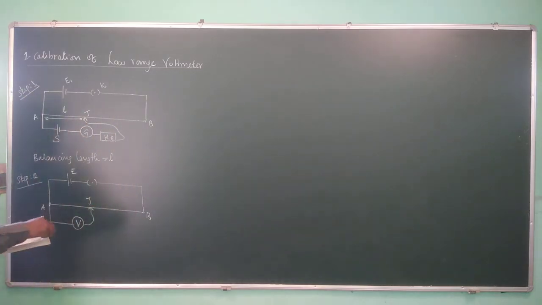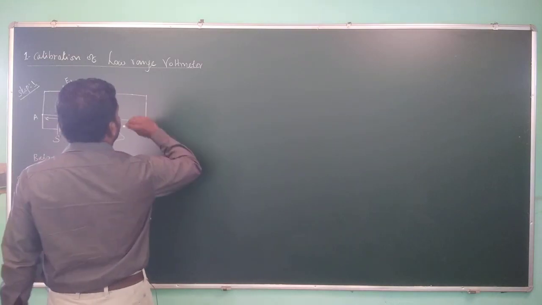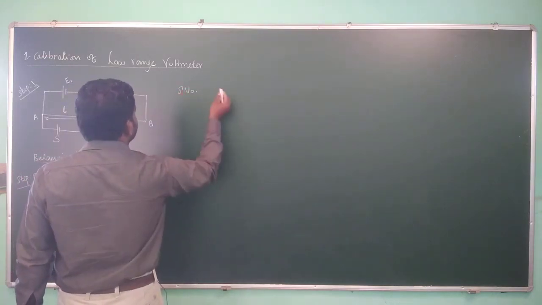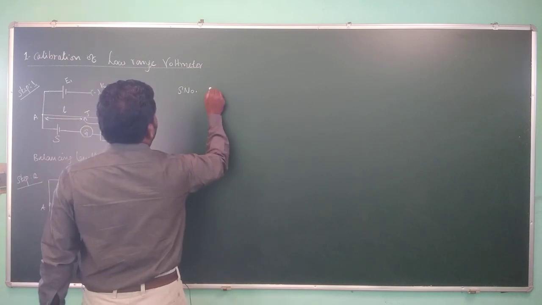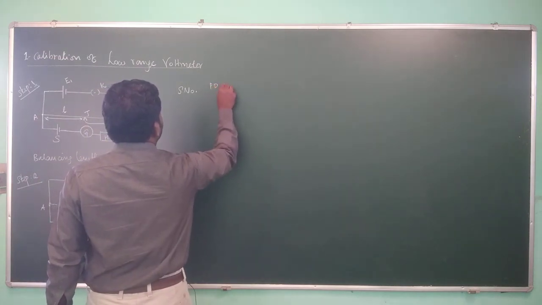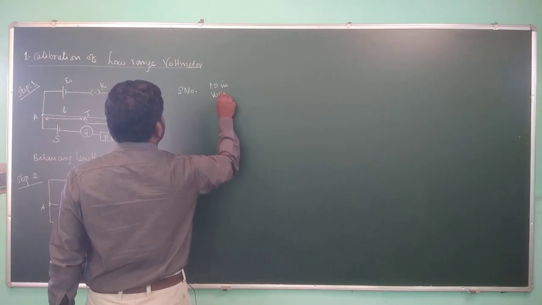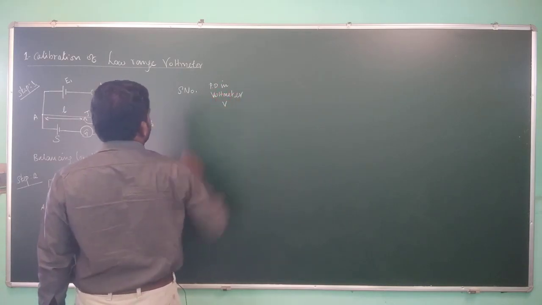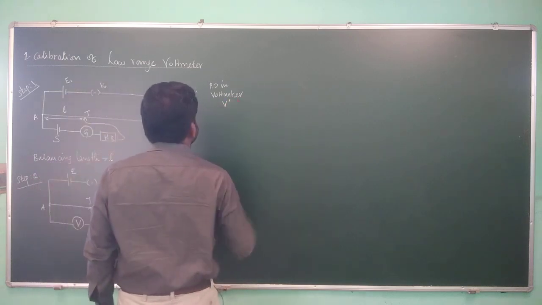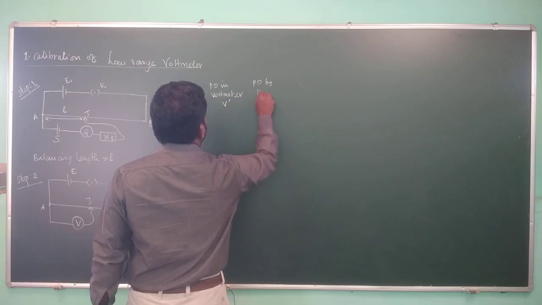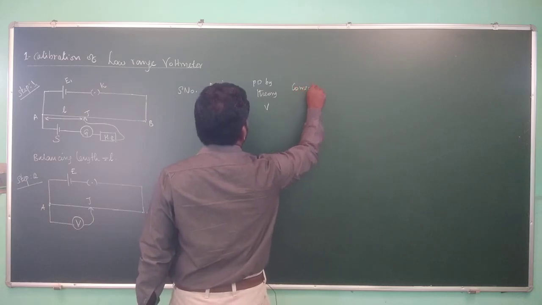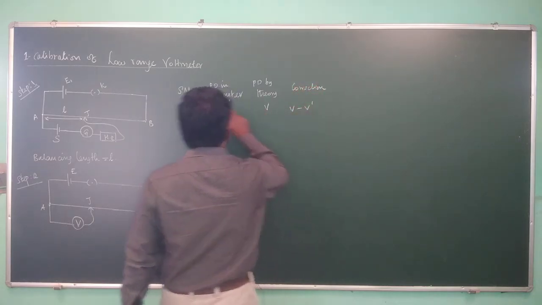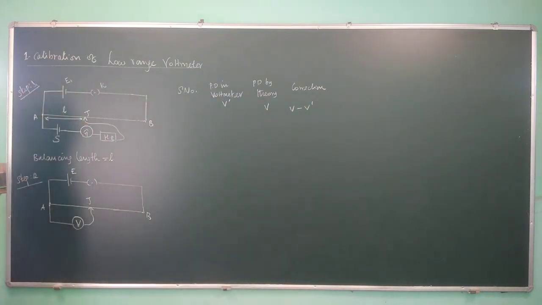Now what we have to do is make a tabulation with serial number, then PD, the potential difference measured in the voltmeter, which we call V prime, and PD by theory, that is V. Then correction, that is V minus V prime, the difference between theory and experiment.